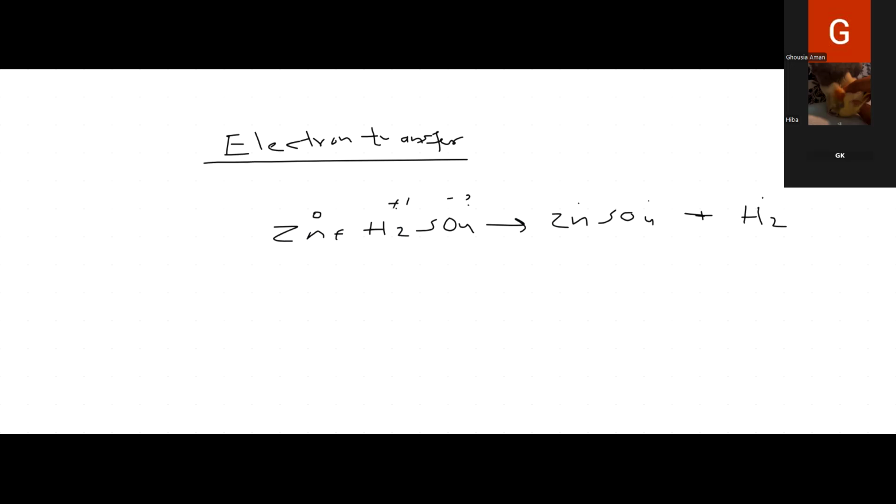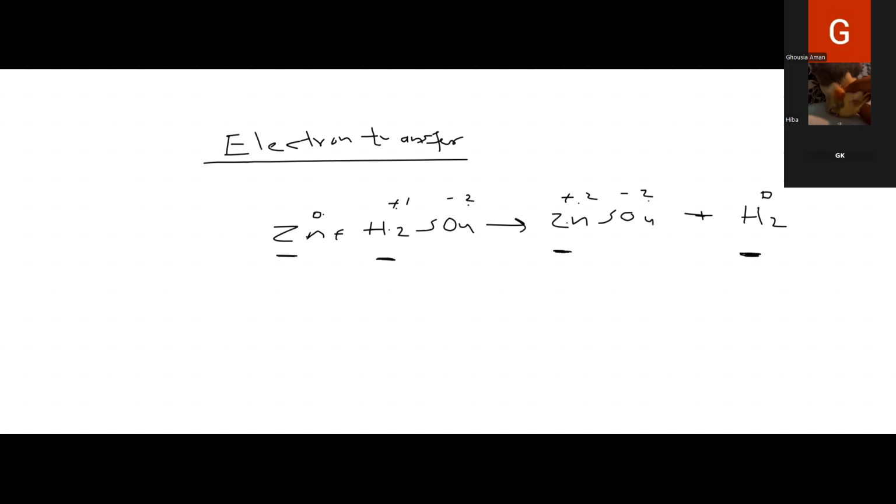Now here we will see that before the reaction it is zinc with 0 charge. After the reaction it is zinc with a plus 2 charge. Before the reaction it was hydrogen with a plus 1 charge, and after the reaction it is hydrogen with 0 charge. So some changes are taking place in zinc and hydrogen. But what about sulfate? Before the reaction, it was sulfate with a negative 2 charge, and it was still negative 2 after the reaction.